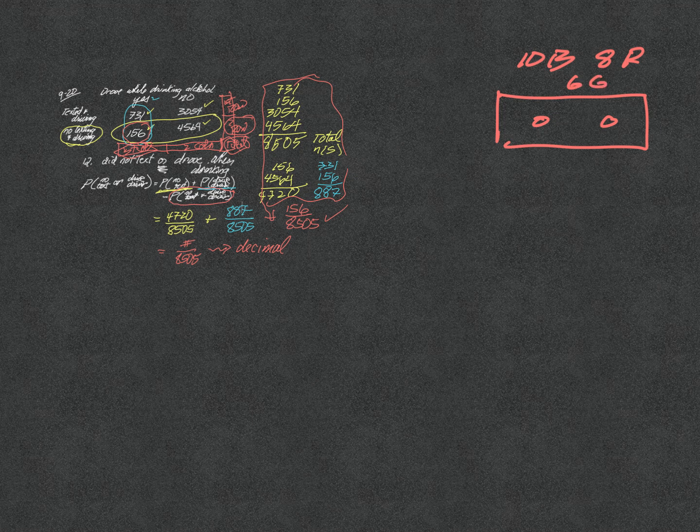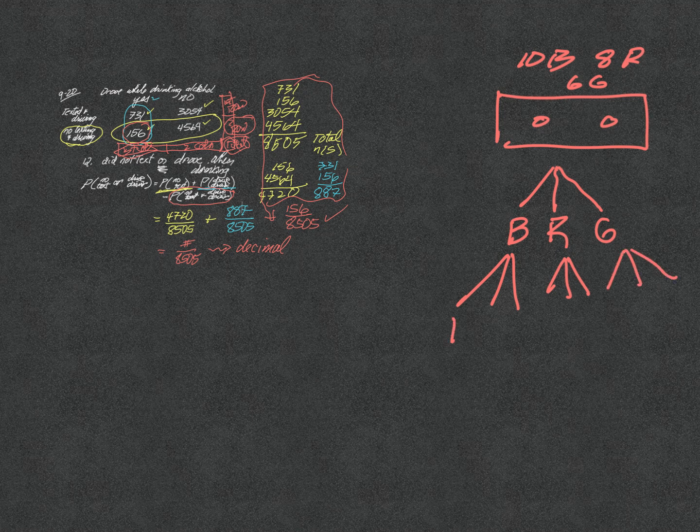And so we can make a tree diagram of this experiment. So on the first sock that we take out, it's blue, red, or green. And then on the next sock we take out, it always depends on what happened on the first sock. But in any case, no matter what happened the first time, we're going to still pull out a blue, red, or a green.